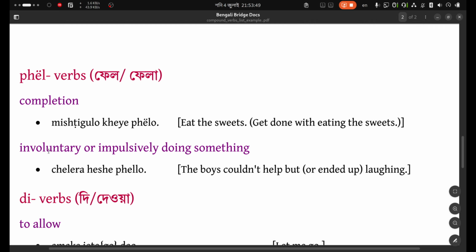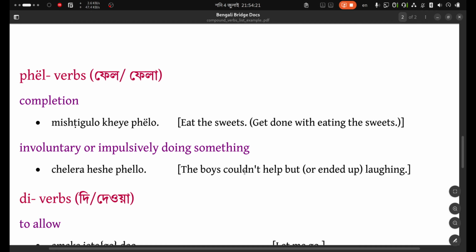And there can be another type of nuance. If you do something involuntarily or in the impulse of a situation, outside of your control, you may have done something that you actually didn't want to, or you couldn't help doing it.